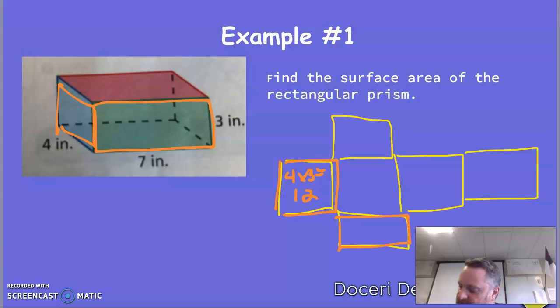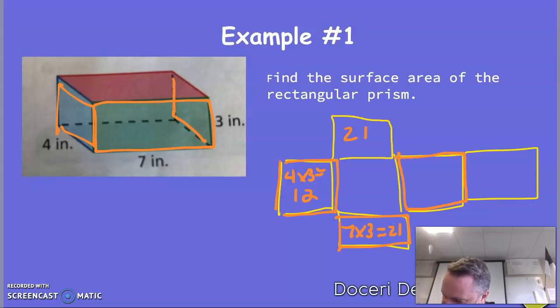So that is 7 times 3, which is 21. Now here's what you can do. Since that one is 21, it means the one on the opposite side is also 21 because they're the exact same shape.